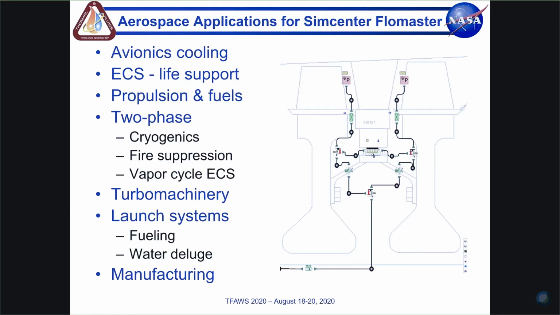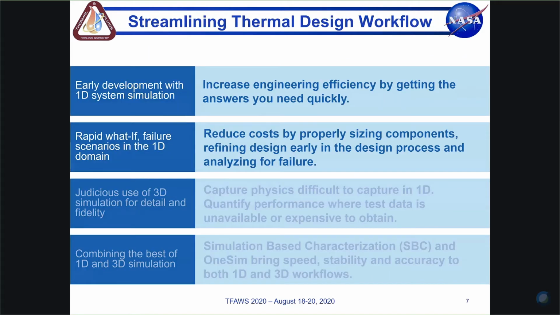Talked about turbo machinery briefly, but gas turbine secondary flows, blade cooling, turbo pumps, for example. And then for launch systems, things like fueling, water deluge systems, and then lastly, manufacturing, right? Manufacturing is a key aspect, and there's lots of fluid systems there where Flowmaster can lend a hand.